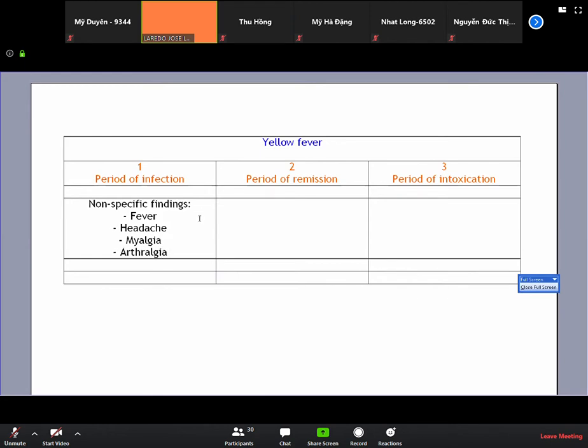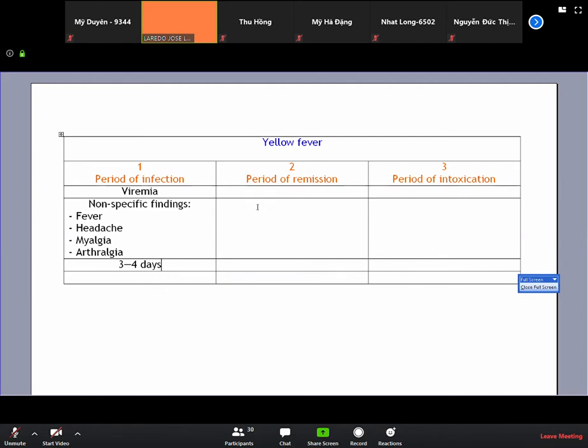We say that they are non-specific because we can find them in many different diseases. That's the meaning of non-specific. During this period, the virus is replicating a lot. So viremia, a lot of replication. And this period lasts for 3 to 4 days.